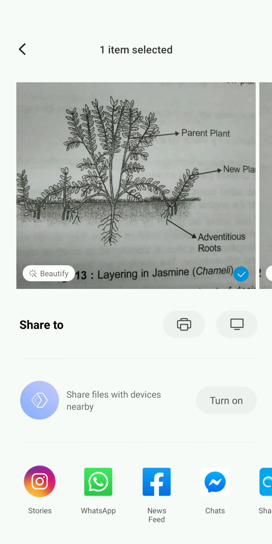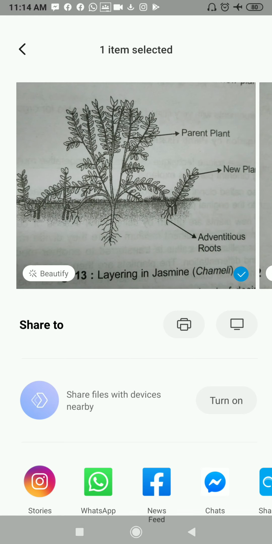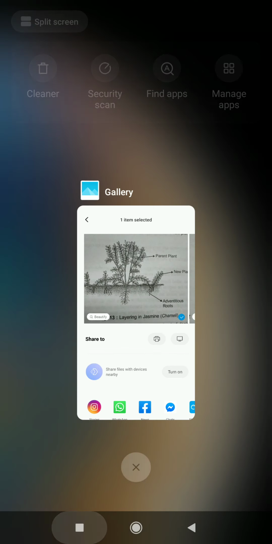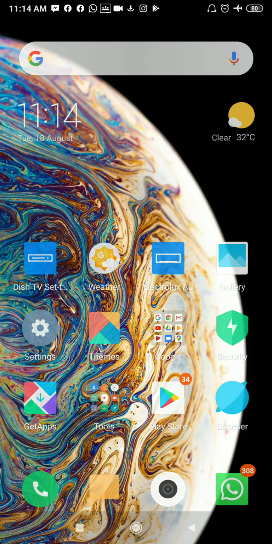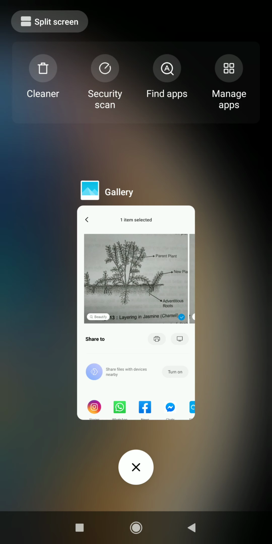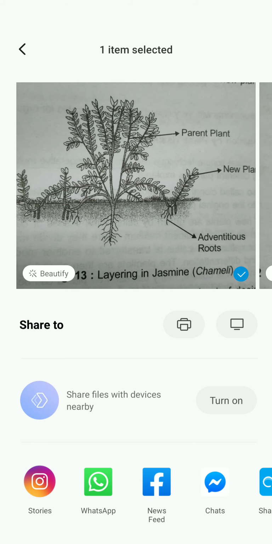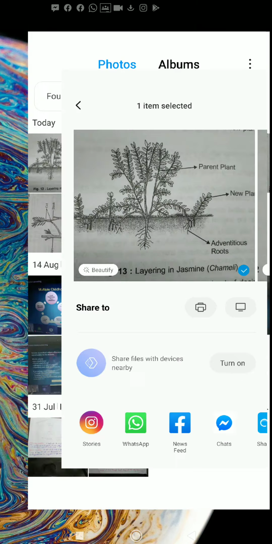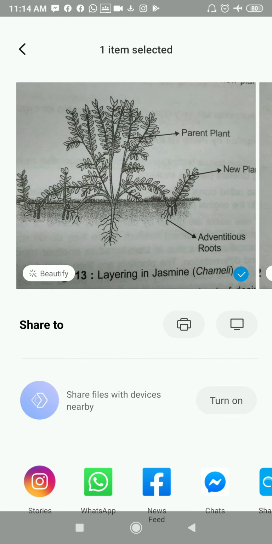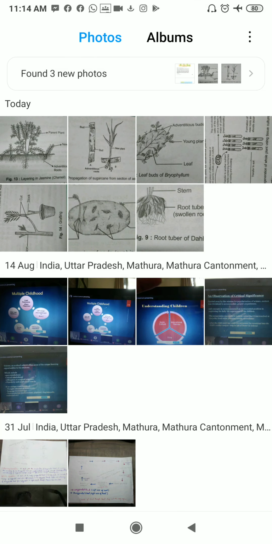Now come to the next method, that is grafting. So in this what happened?